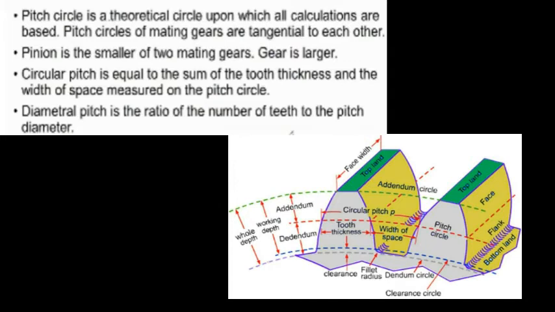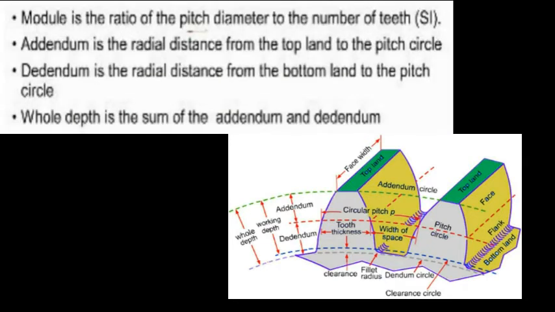The circular pitch is equal to the sum of tooth thickness and the width of space measured along the pitch circle. Diametral pitch is the ratio of the number of teeth to the pitch diameter, called the pitch circle diameter. Module is a very common term used in gears. The module is the ratio of pitch diameter to the number of teeth.